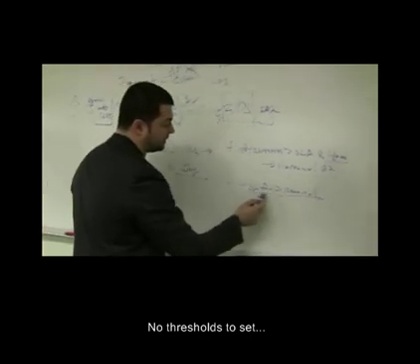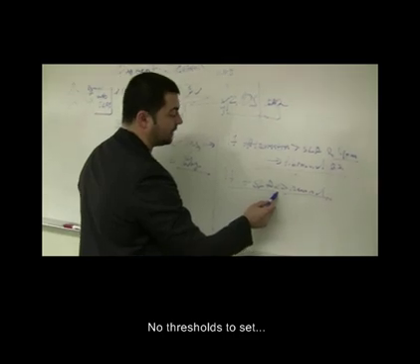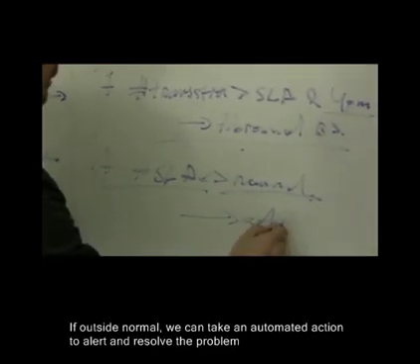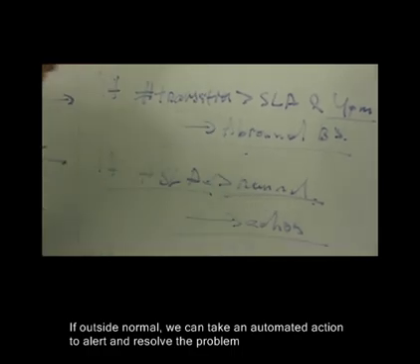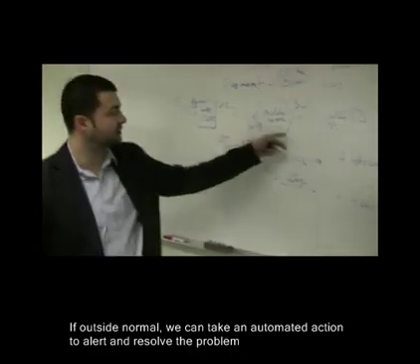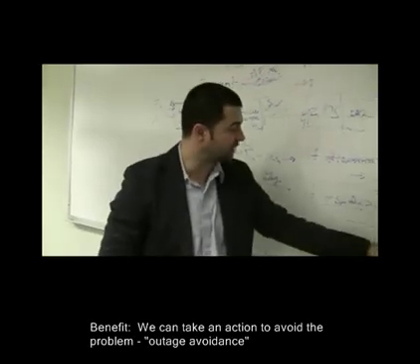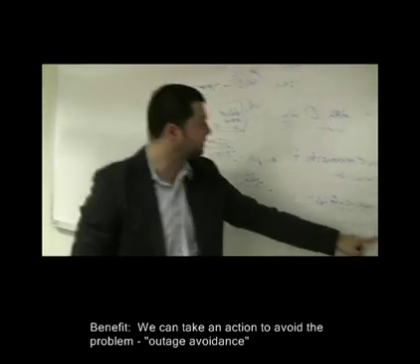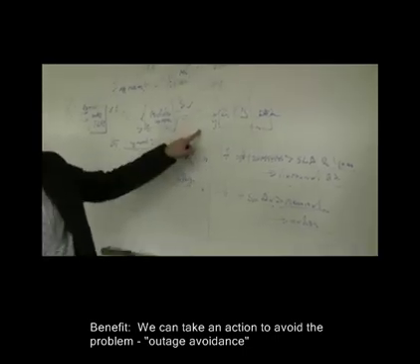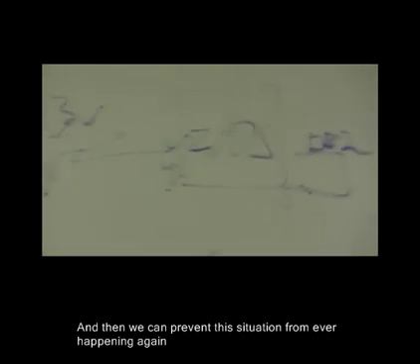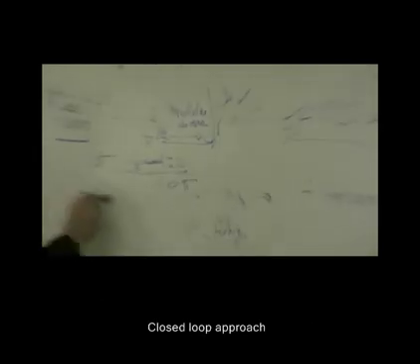All you have to tell us is if it's outside of the normal condition, and then we can take an action. The obvious benefit of this solution is not only that we can monitor and tell you proactively what the problem is, but we can take a corrective action, or a preventive action, to potentially avoid the situation from happening again.